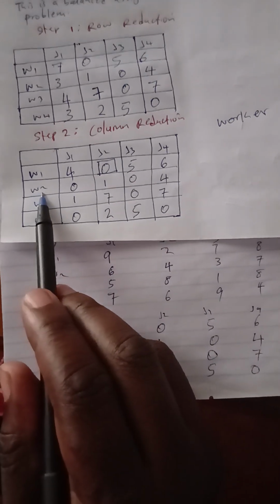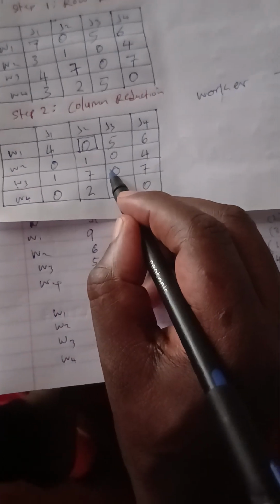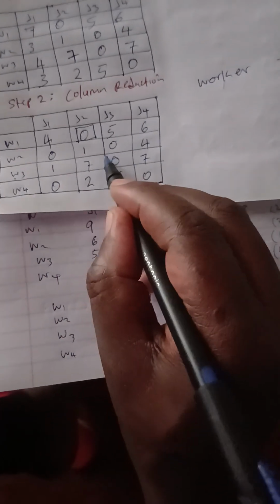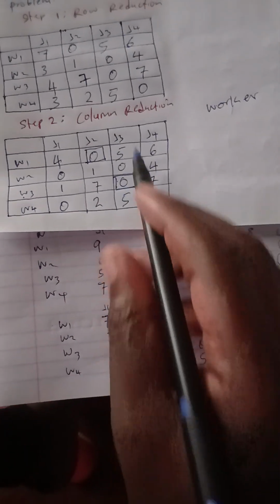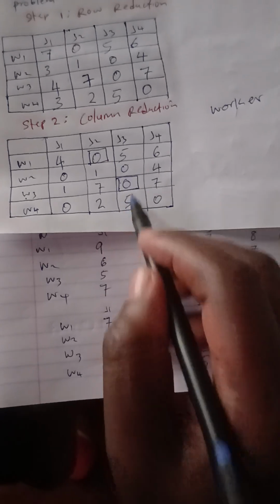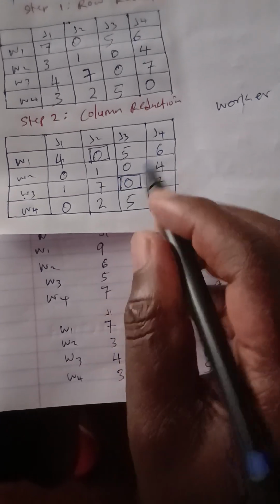Let us move to row 2. Row 2, we have 2 zeros, so we move to row 3. Row 3, we have only 1 zero here, so we allocate. So we have allocated worker 3 to job 3. Now check whether there is any 0 in that particular column.